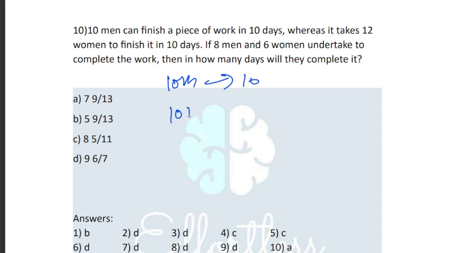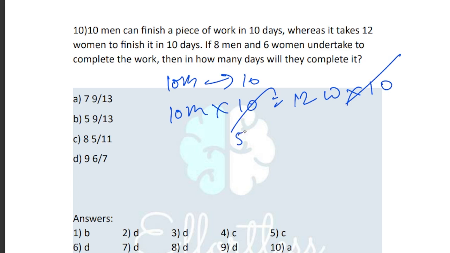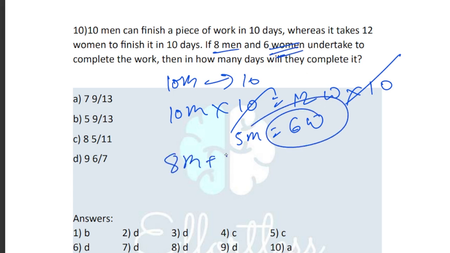So 10M multiplied by 10, and this work is being done by 12W in 10 days, so 10 cancel, and we get 5M is equal to 6W. Here 8 men and 6 women are given, so I'm not changing anything. So 8 men plus 6W. Now they are undertaking this task.